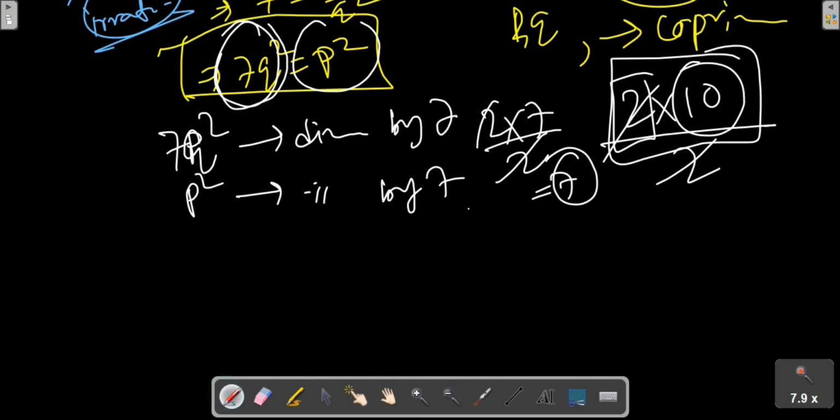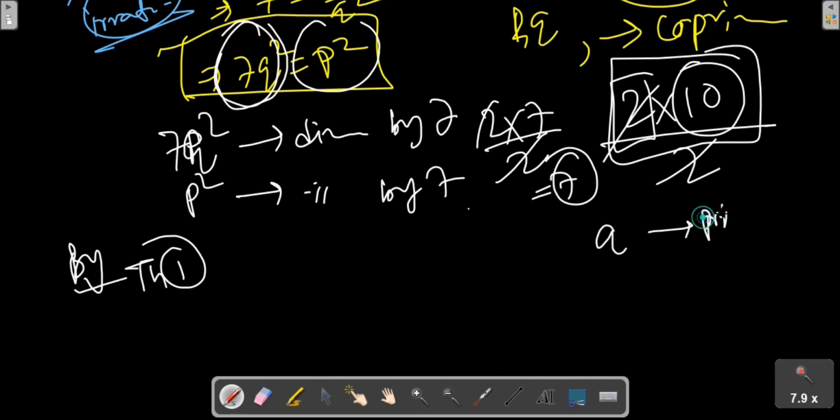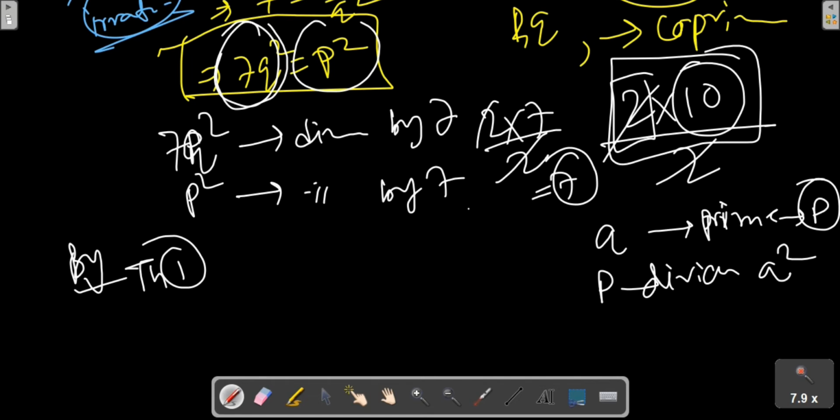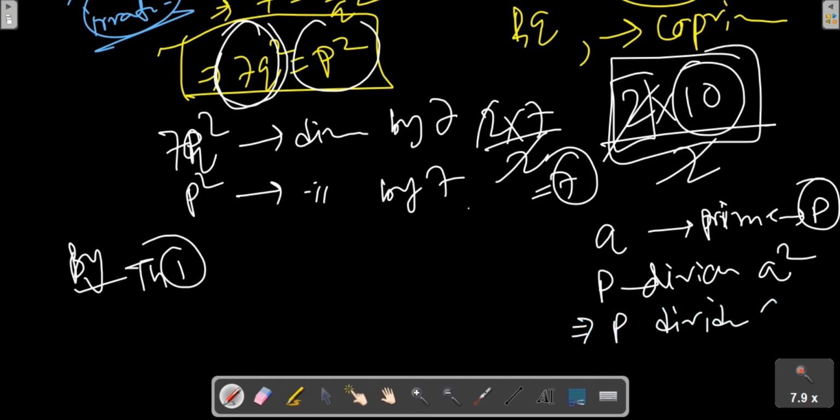So when p square is divisible by 7, we can write by that theorem, there were two theorems, by theorem 1 we can say that, in theorem 1 it was told that if there is a number a, and p is a prime number, then if p divides a square, it would imply that p divides a also.